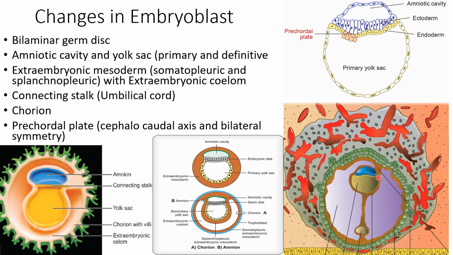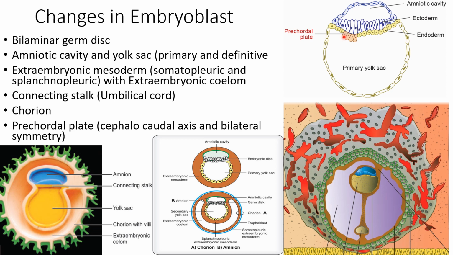Now after this change, the next change occurring is formation of the prechordal plate. We have seen that towards the outer surface, or towards the trophoblast, we have the epiblast, and towards the luminal part we have the hypoblast or endoderm. Now the endodermal cells towards the cephalic part will differentiate from cuboidal to tall columnar.